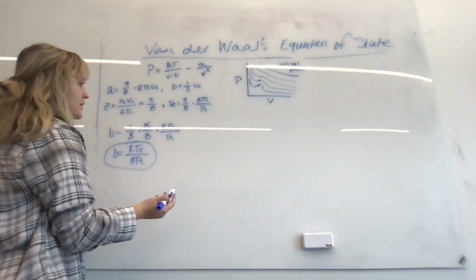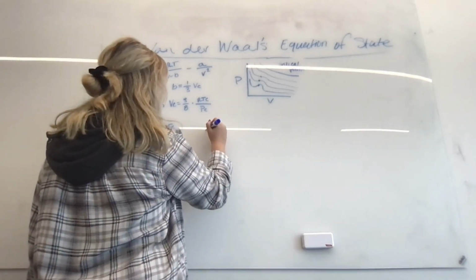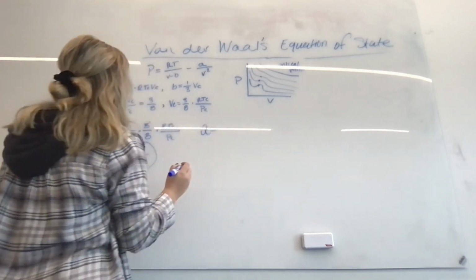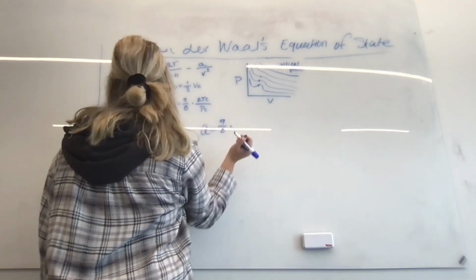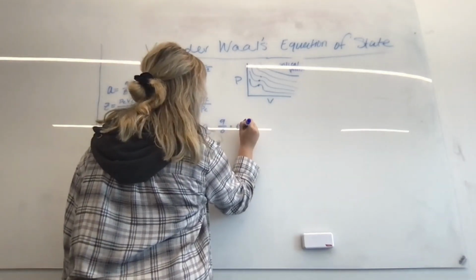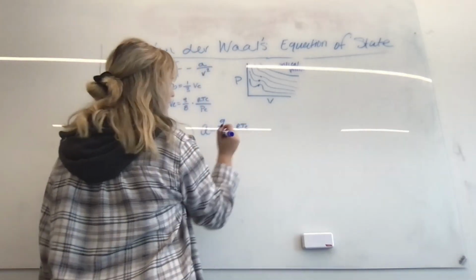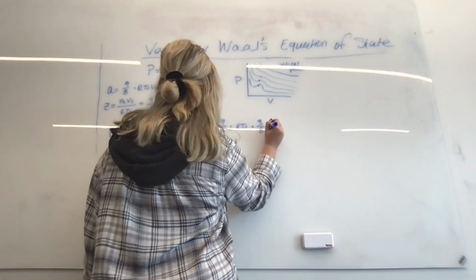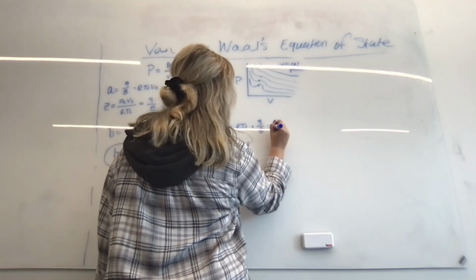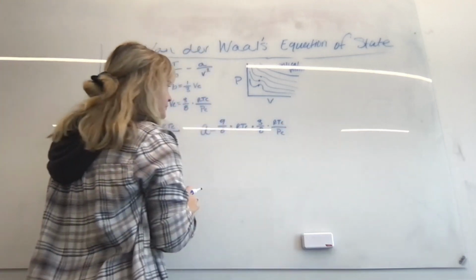So now let's do the same thing with A. So for A, we're going to have that A is equal to 9/8 times R times T_C times 3/8 times R T_C over P_C.